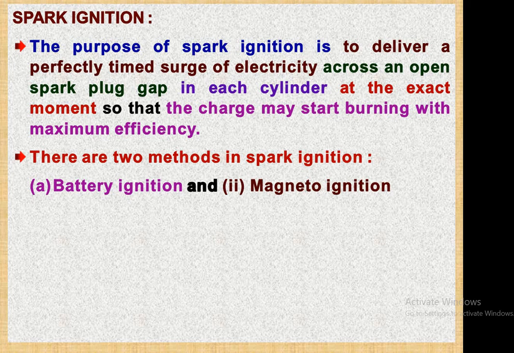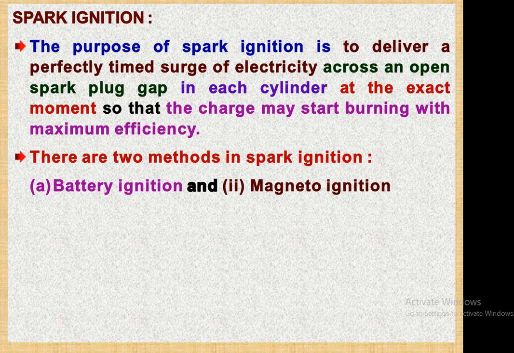We know that in the spark ignition system, the air fuel mixture is introduced during the forward stroke, and the temperature of this air fuel mixture is not too high, so it will not ignite on its own. So we have to employ a certain system that can ignite it. For that a spark plug is used, and at the tip of the spark plug there is a certain gap.